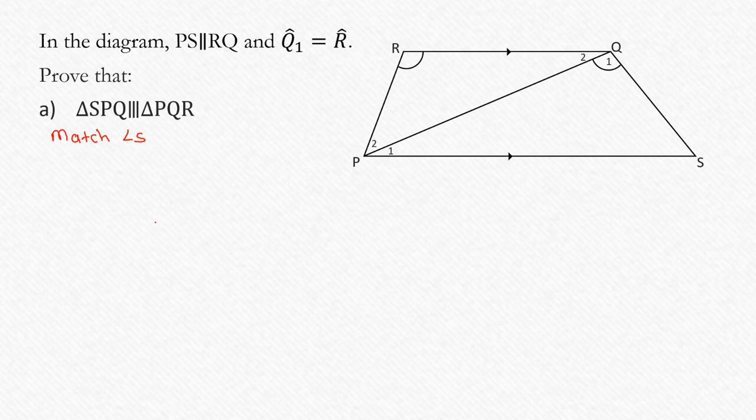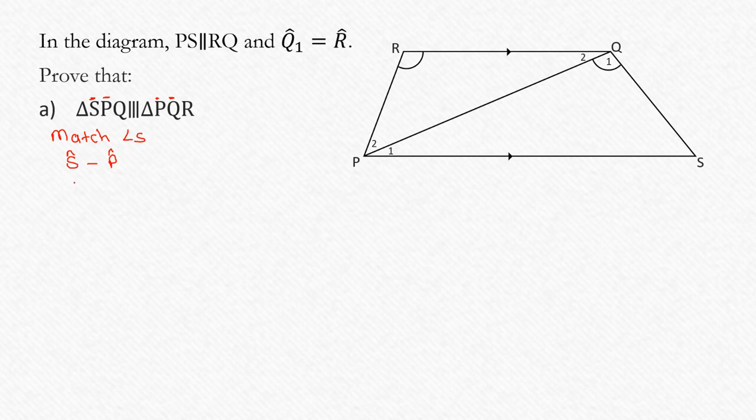So here we have our triangles. Let's match the angles. Angle S must go with angle P, and then angle P goes with angle Q.